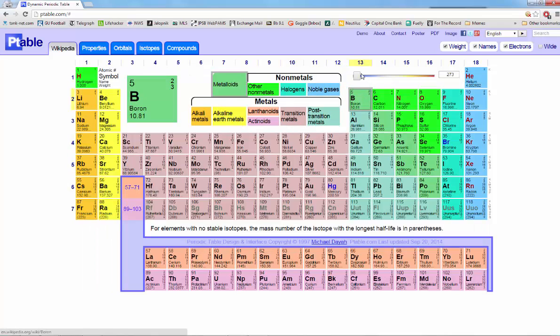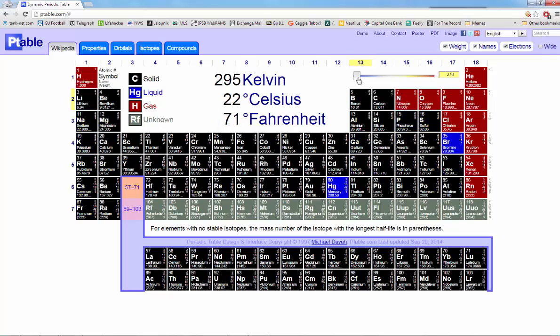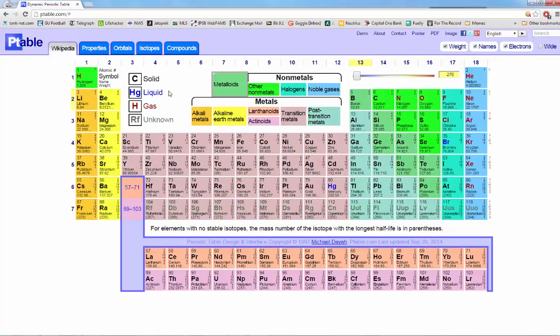Plus you can change what states of matter they would be based on what temperature they have, which I think is really cool. There are apps for Android, iOS, even Windows Phone, for the 5 of you who actually use that.